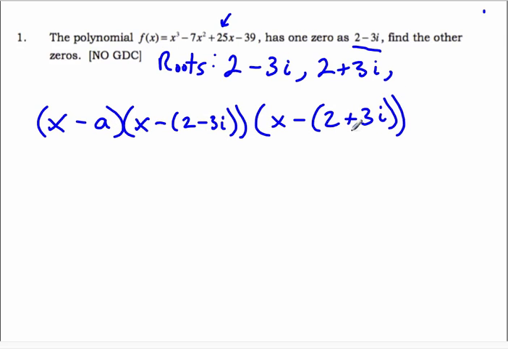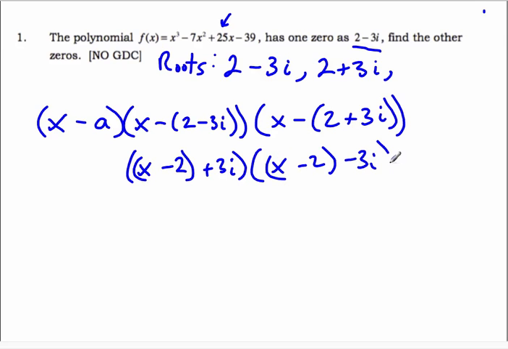So here, looking at these complex roots, there's a little trick to make this easier. You can write this as x minus 2 plus 3i times x minus 2 minus 3i, and then we have this pattern of a minus b times a plus b equals a squared minus b squared.